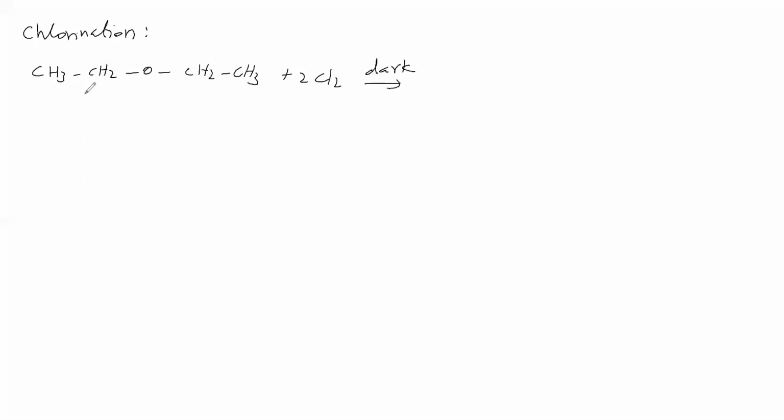What happens means alpha carbon undergoes chlorination. We can call this alpha carbon containing chlorine. It is alpha carbon, and it is alpha dash carbon. So we can say alpha,alpha-dichlorodiethyl ether is the name of this compound.